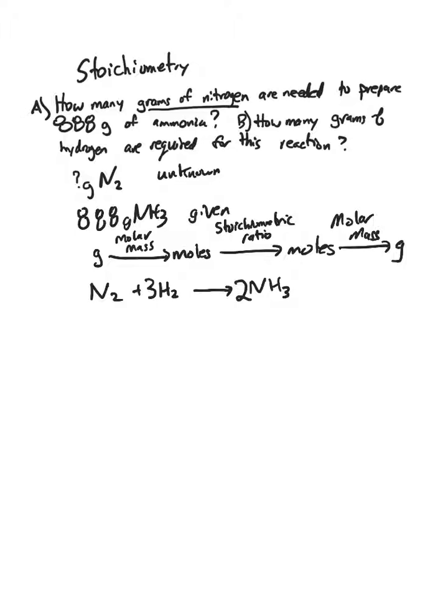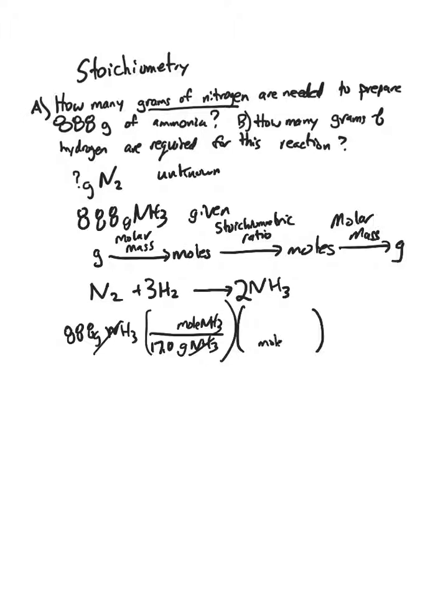So we're going to start out with 888 grams of ammonia. We will change that to moles of ammonia, so we need to know the molar mass of ammonia. We get that from the periodic table. It's 17.0 grams. So now grams of ammonia cancels, and I've got moles of ammonia. Now I need my stoichiometric ratio that will convert moles of ammonia, the product, to moles of nitrogen, the reactant.